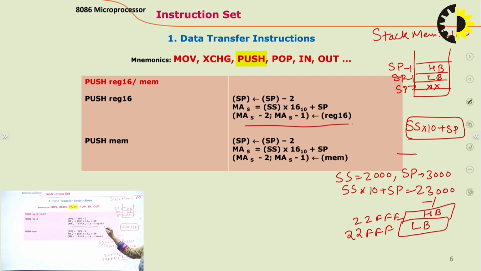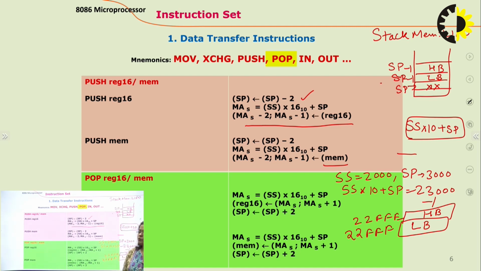So this instruction copies higher byte and lower byte into memory address minus 1 and minus 2 locations, and the current stack pointer will become SP minus 2. Similarly, instead of a register, we can take the value from a memory location also. So it copies the value from the memory location to the stack segment with SP minus 1 and SP minus 2 effective address.